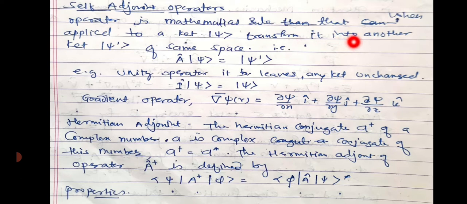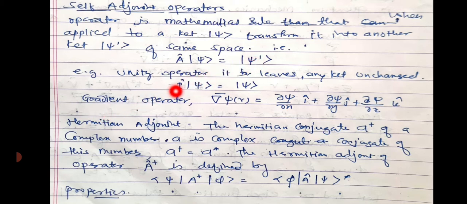In quantum mechanics, all the elements are in Hilbert space. So we can write A is the operator, and when it operates on psi, it produces a new state, psi dash.